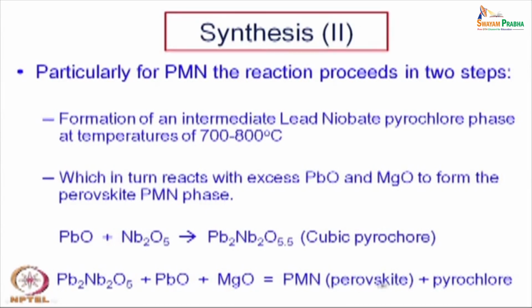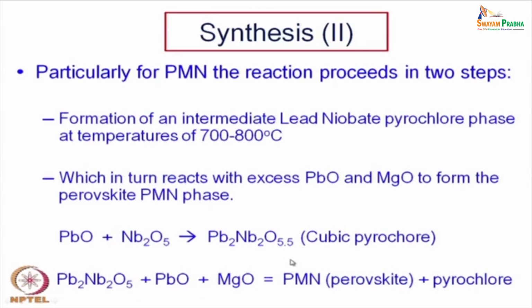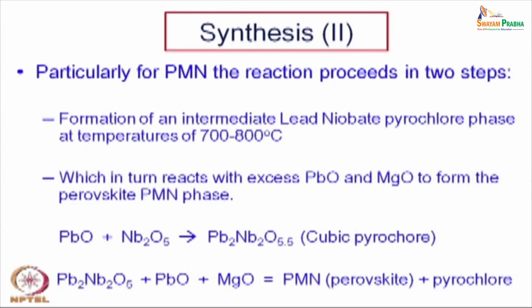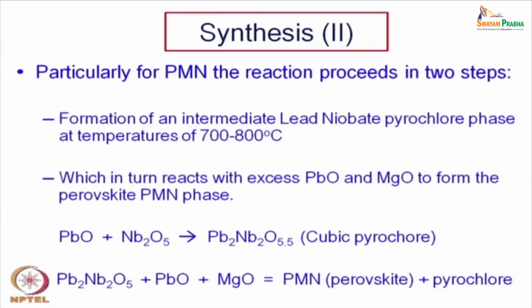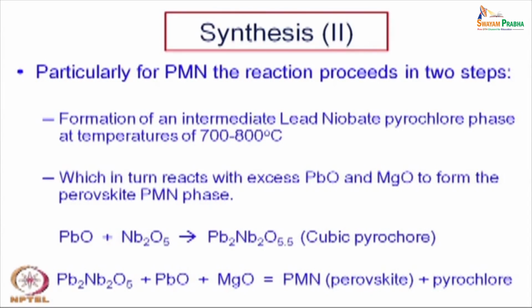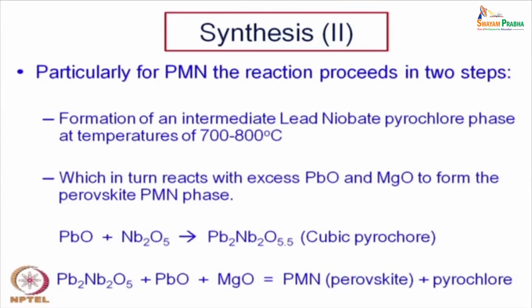Sometimes it is written as Pb2Nb2O5 and in some cases 5.5, but it does not matter; basically it is a cubic pyrochlore phase. It reacts with excess PbO and MgO to form the PMN perovskite structure plus pyrochlore.